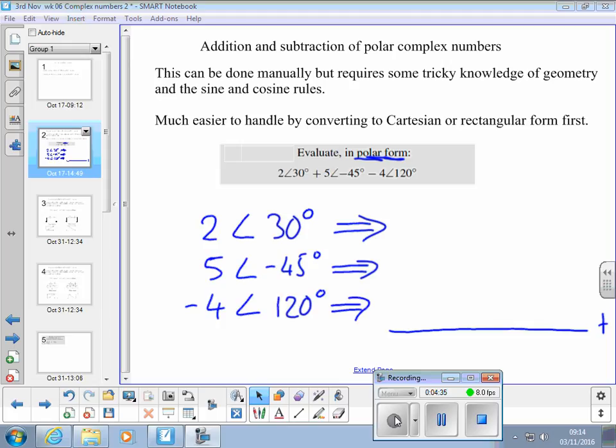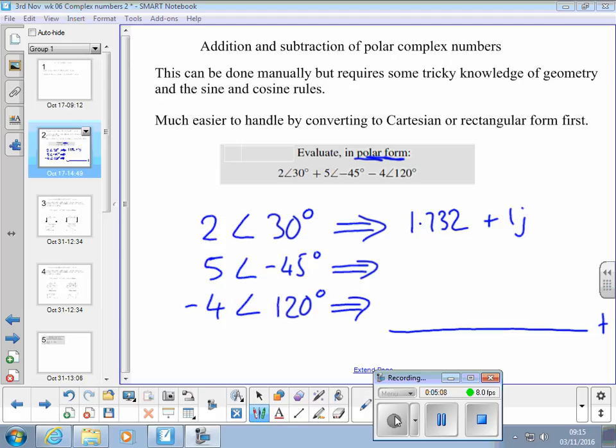Right guys, we've got the answers to the conversion of those 3 numbers to rectangular form. Right, so that's plus 1 on the end there. Rectangular form.